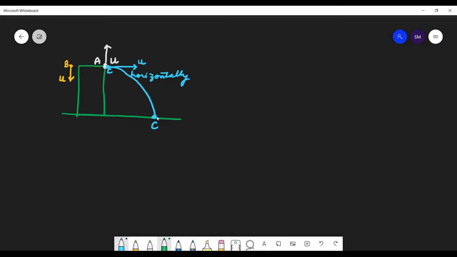So when C will be hitting the ground, you can see that it will have speed.